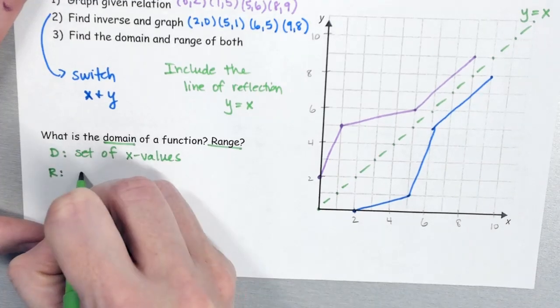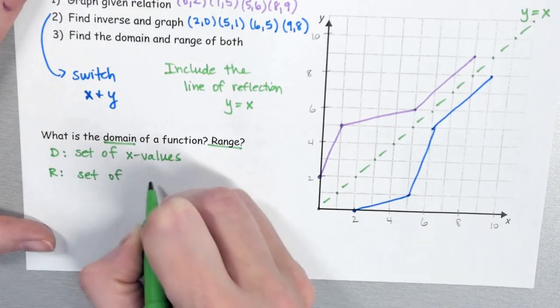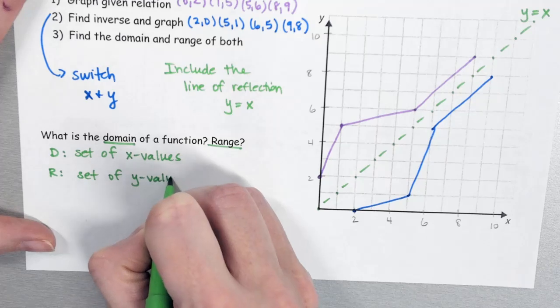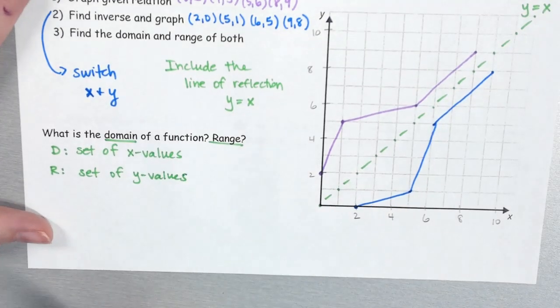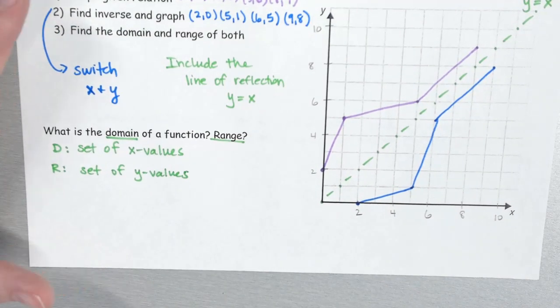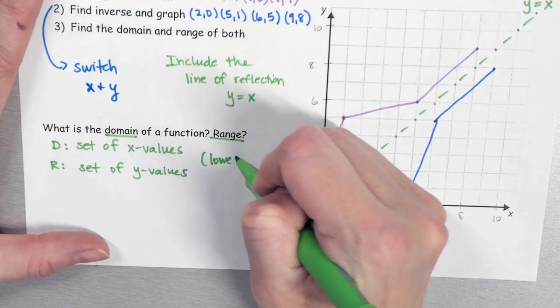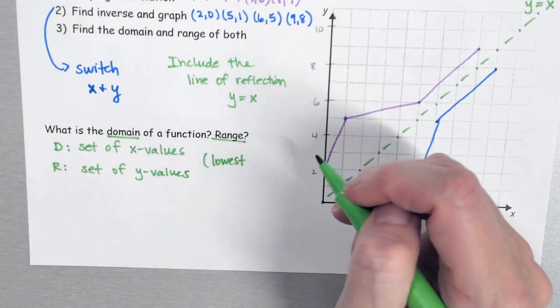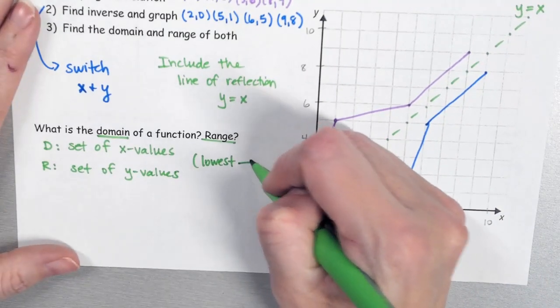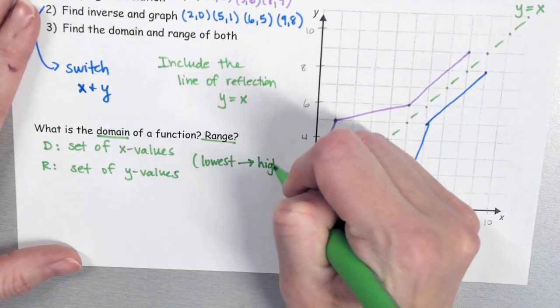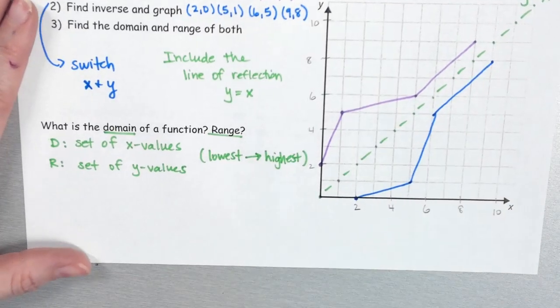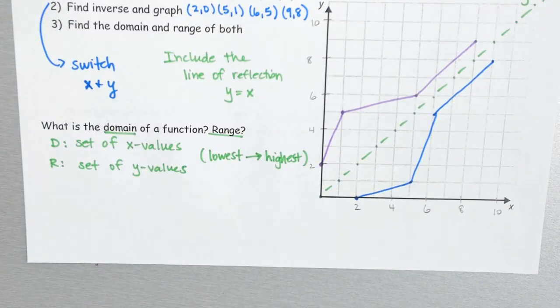And the range is the set of y values. Okay, and whenever we were doing those in interval notation, I would remind you that you're always going to have to start at the lowest value, and then it goes to the highest. Okay, so you start at the lowest x value, and then you go to the highest x value. You start at the lowest y value, and then you go to the highest y value.